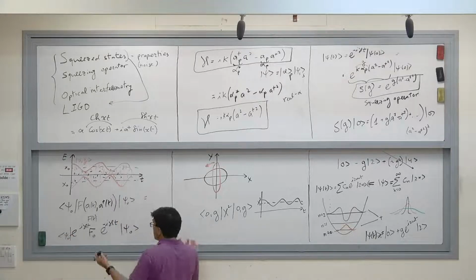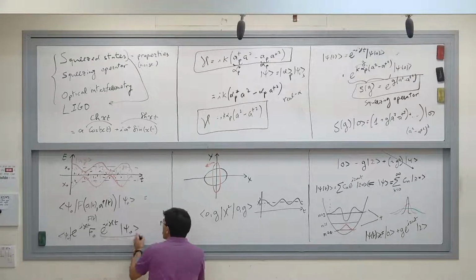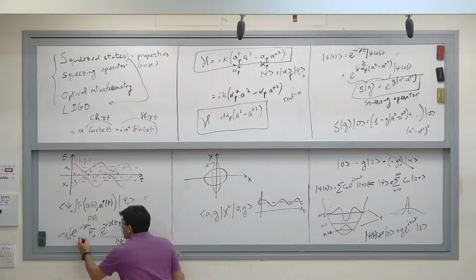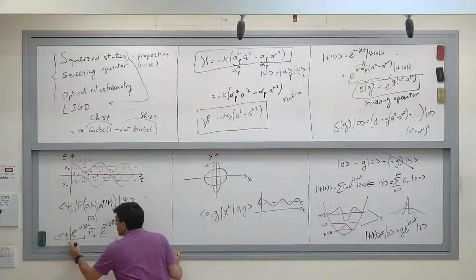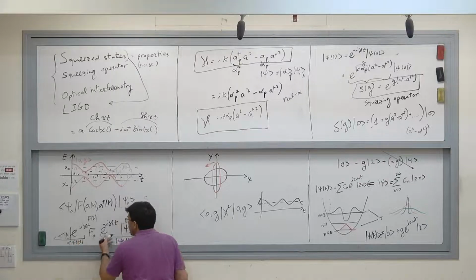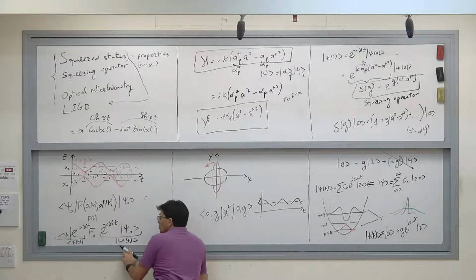Or I can call this thing psi of t, and then we're back to the Schrodinger picture.